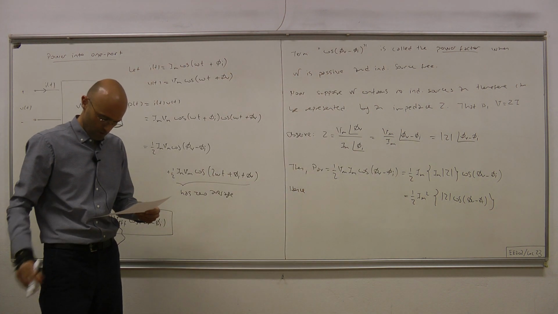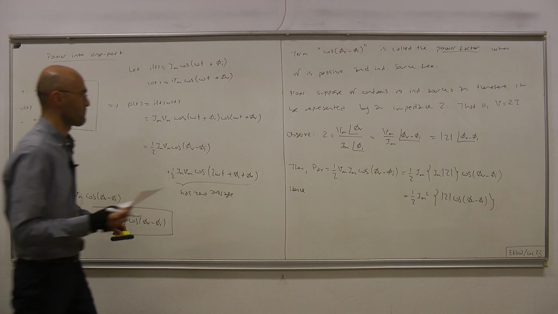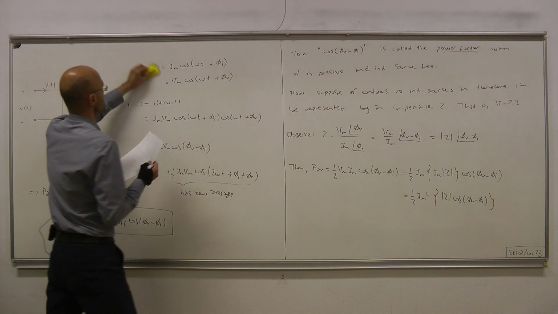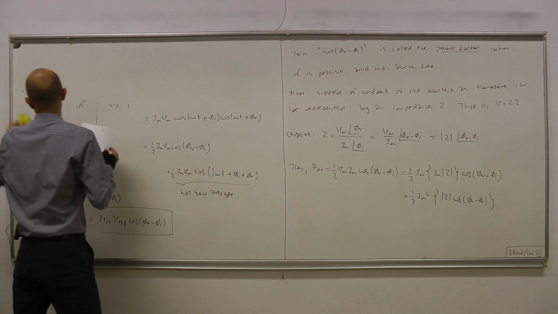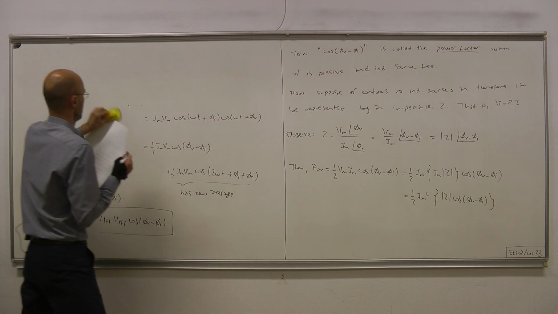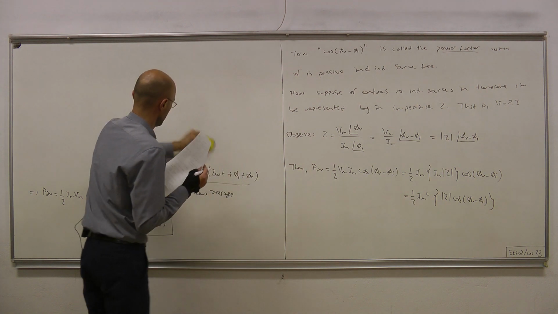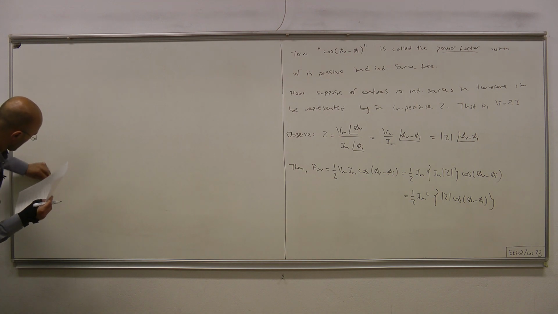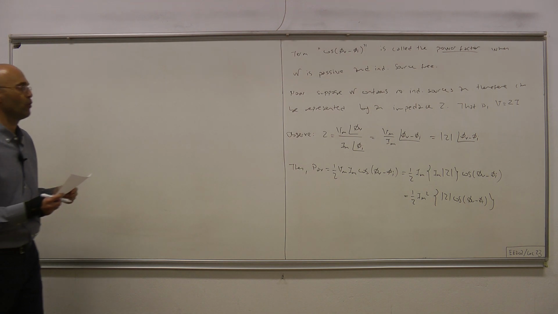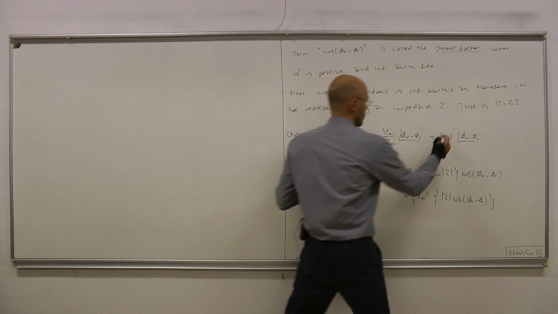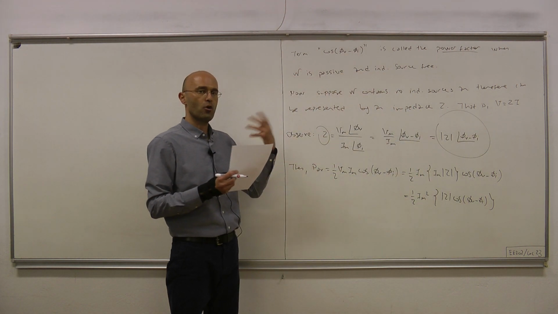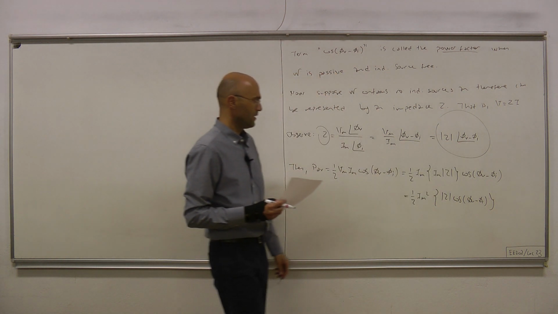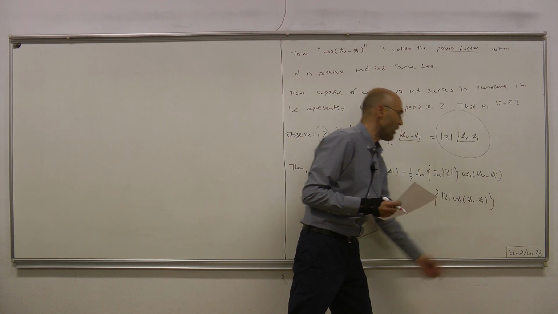Okay. Now, let's interpret what that means, which is very easy to do. All we have to do is use this: Z is a complex number whose phase is phi v minus phi I. And here that same term phi v minus phi I appears.